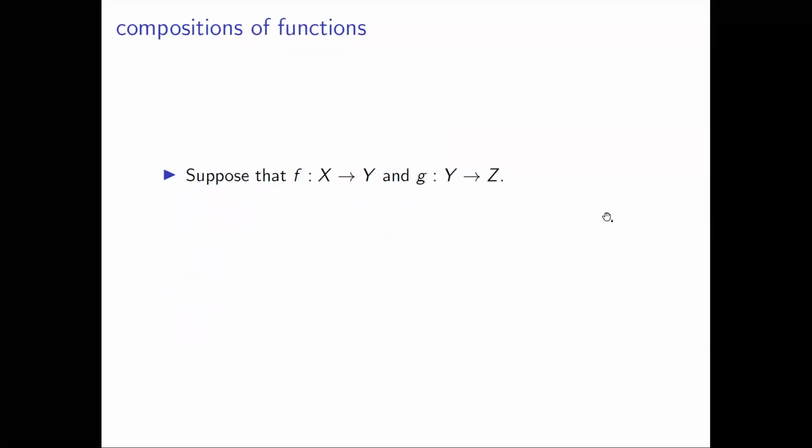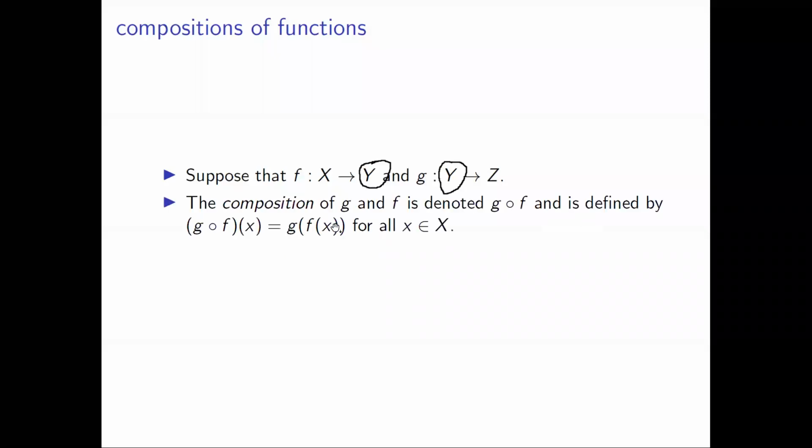So when you have functions, and the first function has codomain equal to the domain of the second function, or when the domain of the second function contains the codomain of the first function, we can define the composition.